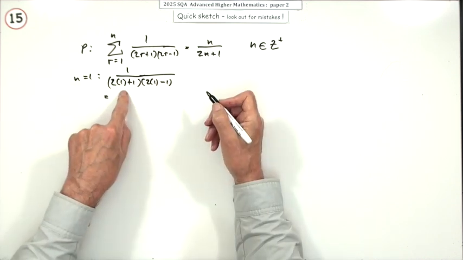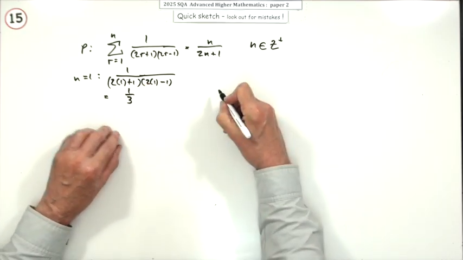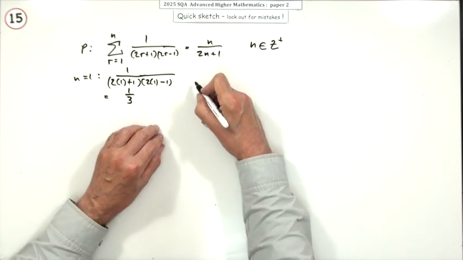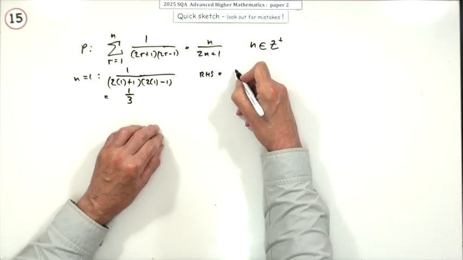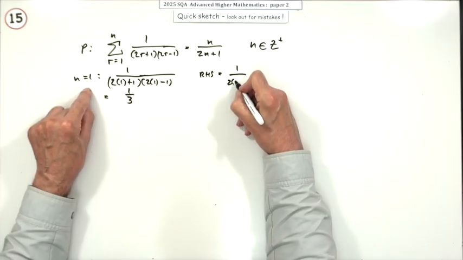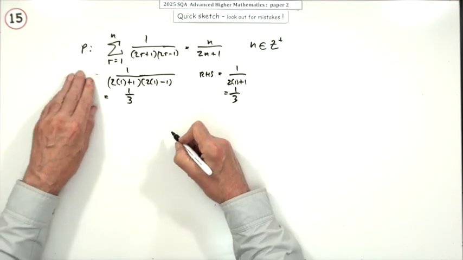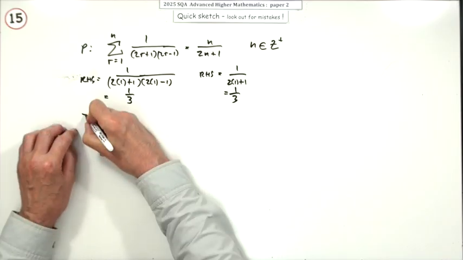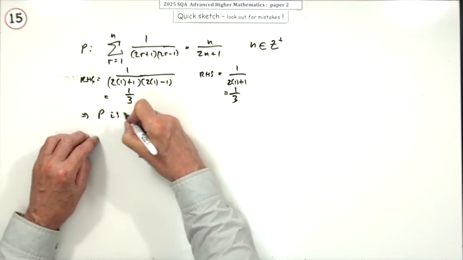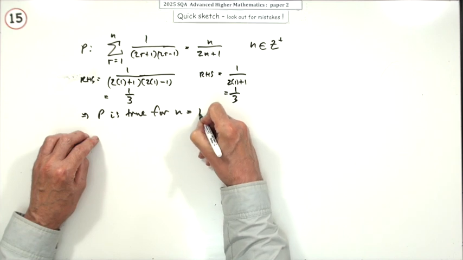So that's 2 and 1 is 3 times 1, so that's a third. The other side, the right hand side now, will just be 1 over 2 times 1 plus 1, which equals a third. Which means that that proposition is true for n equals 1.